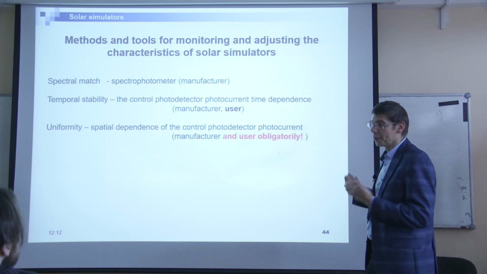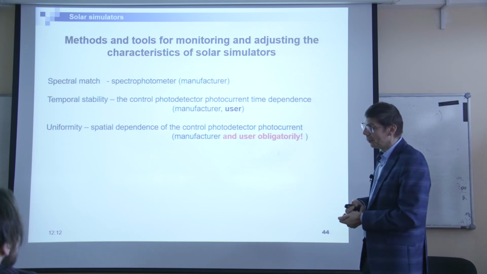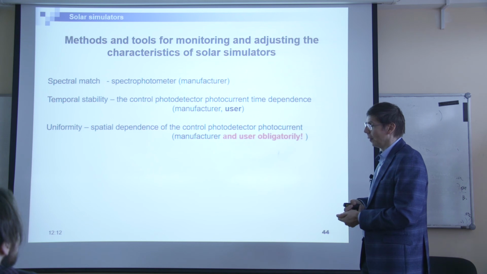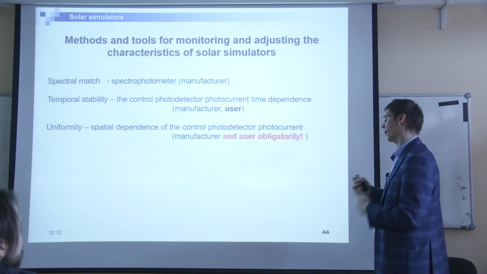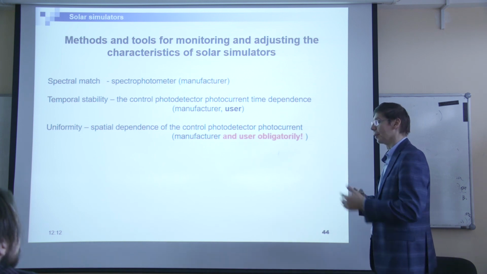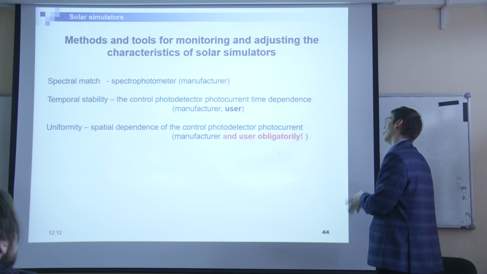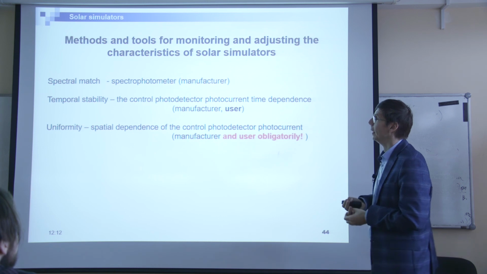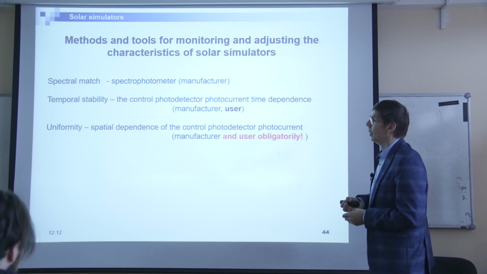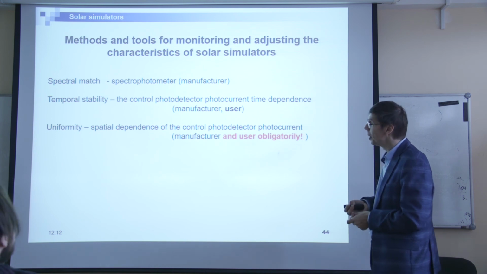If you want to create it yourself, you have to think about a spectrophotometer or something, or just believe that the optical filter really corresponds to that which is required. For some standard solution like a xenon lamp and optical filter, you can just believe. But in any case, it's quite a complicated thing.